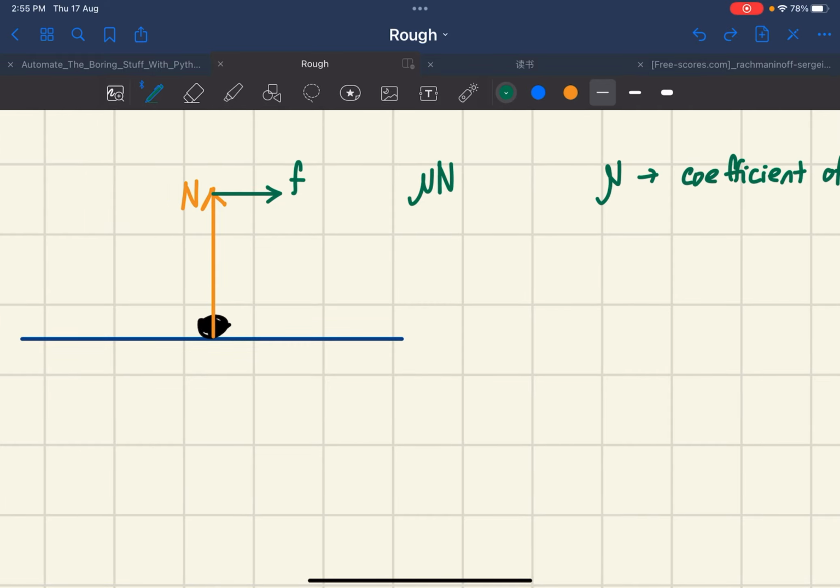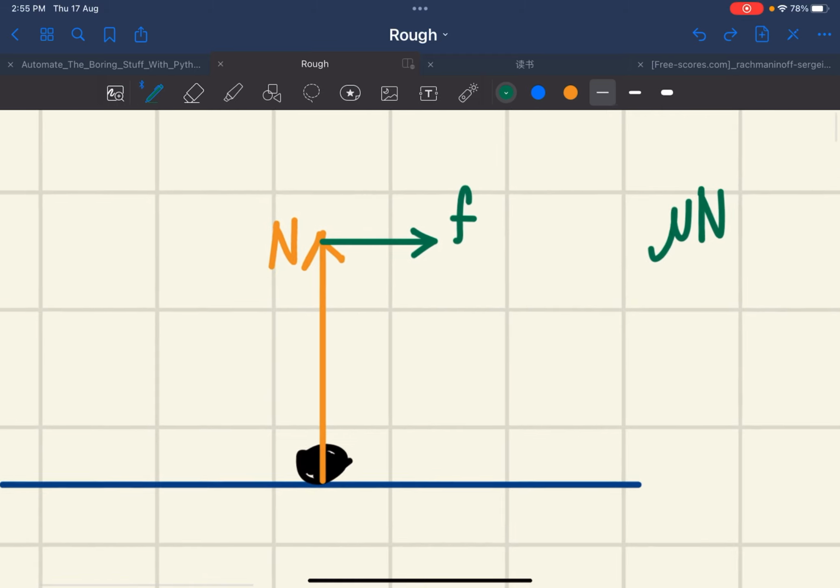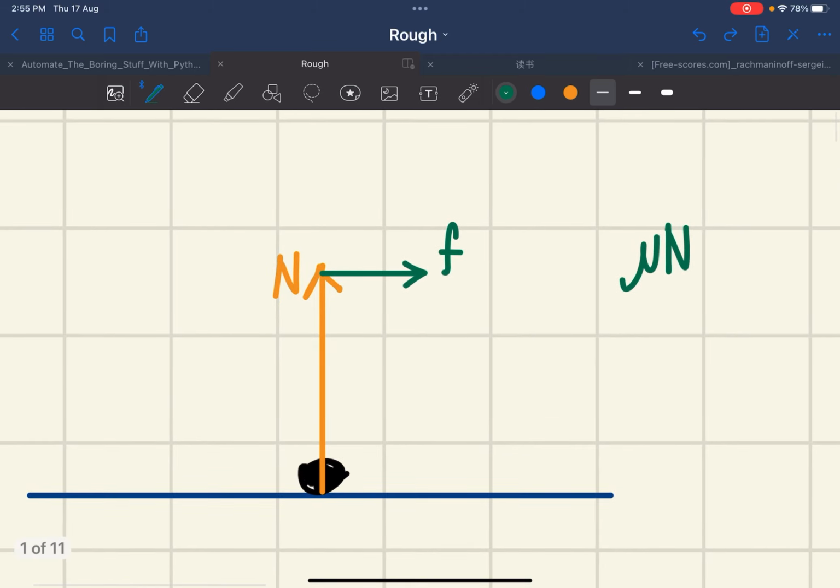So the static friction force vector, you can represent it like an arrow, and it is possible that it is like this, or like this, or like this, right?